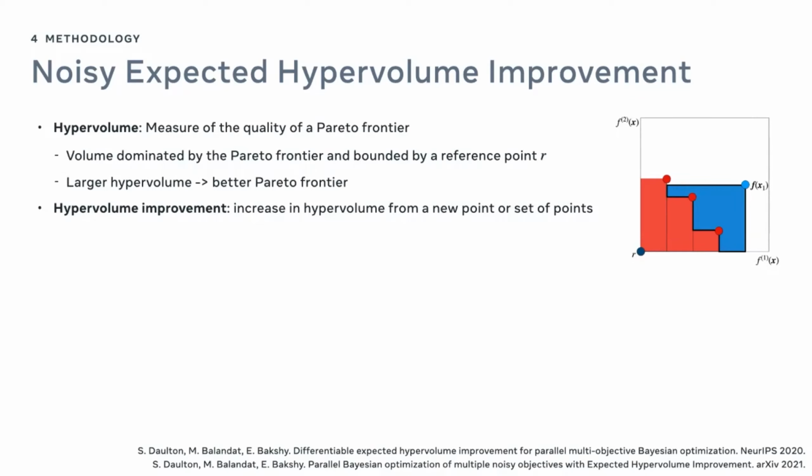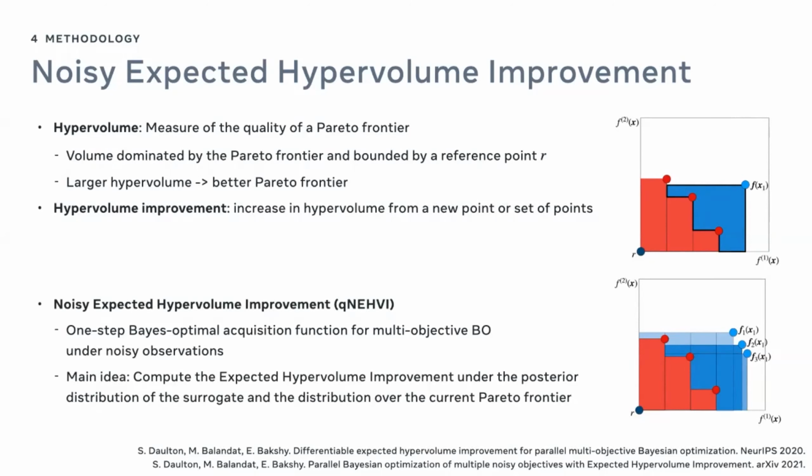Say x1 here is a new candidate, and of course, if we want to explore the Pareto Frontier, we want to maximize hypervolume improvement. Now, because GPs are Bayesian models, they don't give only point predictions, but a distribution over outcomes, and so we can talk about expected hypervolume improvement, where we integrate with respect to the distribution of f of x1 here.